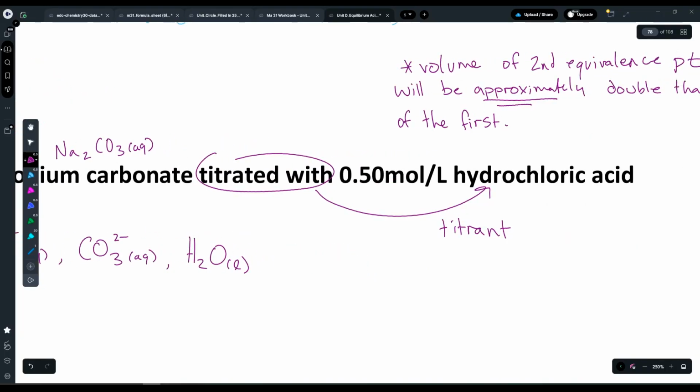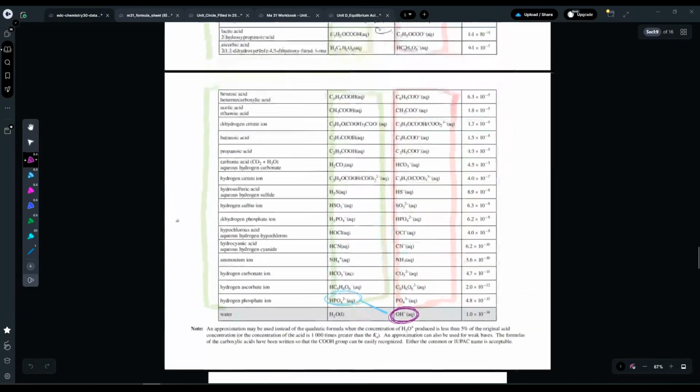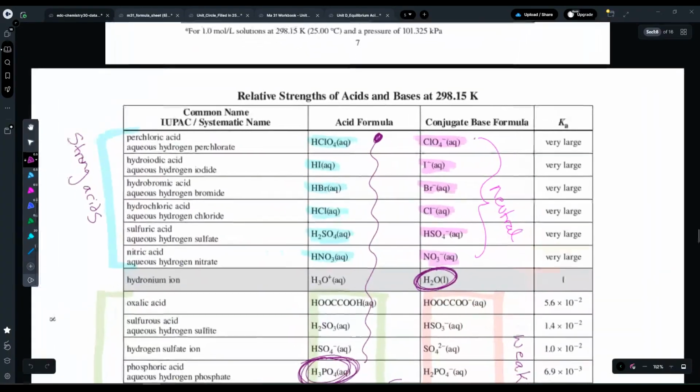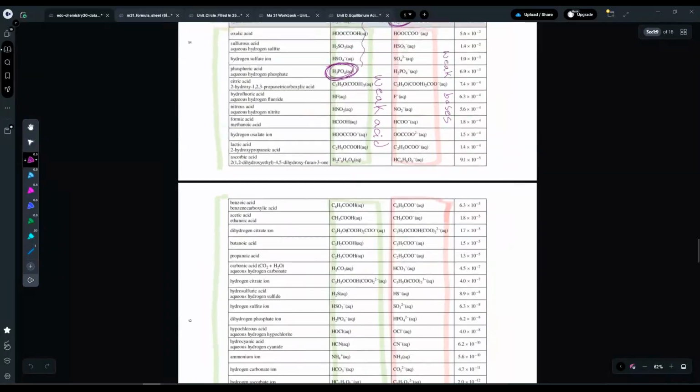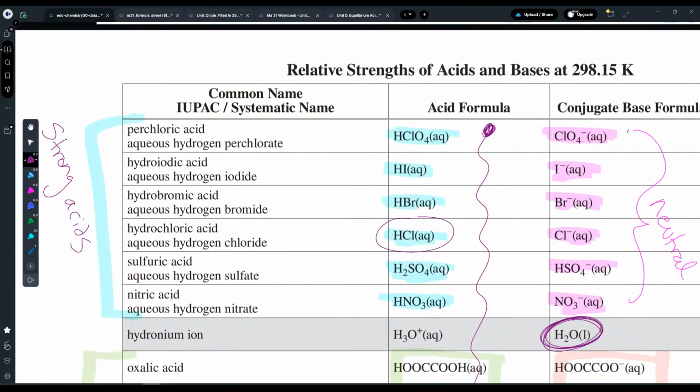Okay, and then it is being titrated with hydrochloric acid. Now, if we go to our data booklet, this would be page 8 here. Hydrochloric acid is one of our 6 strong acids. Anytime you have a strong acid, the fastest reaction that's going to occur is between the strong acid and water to produce hydronium.